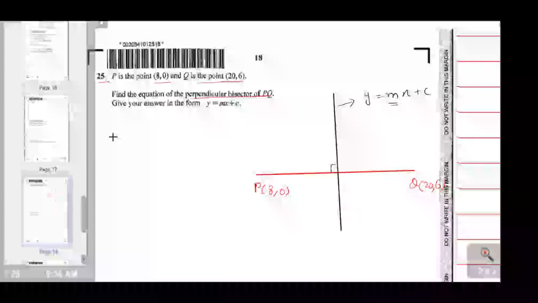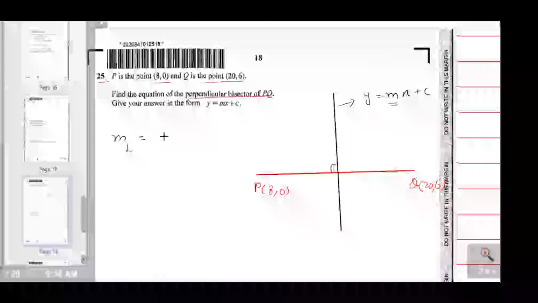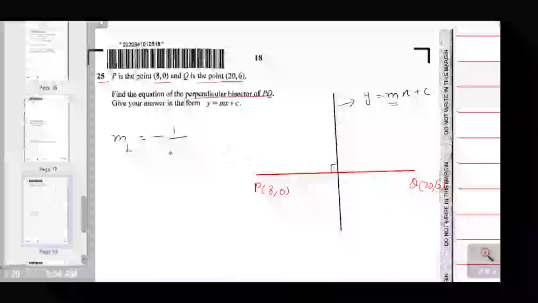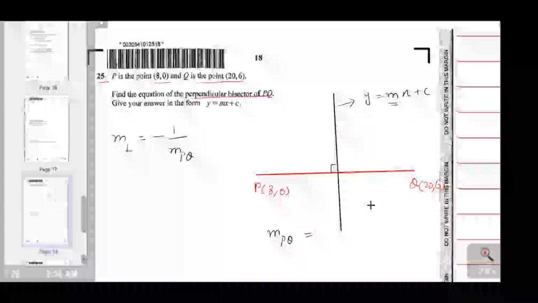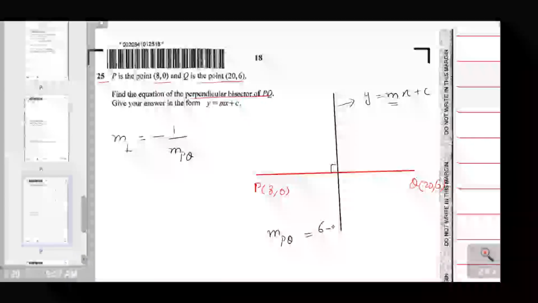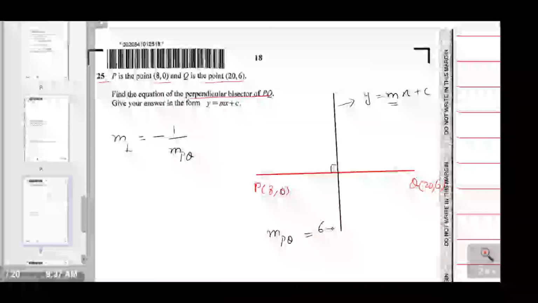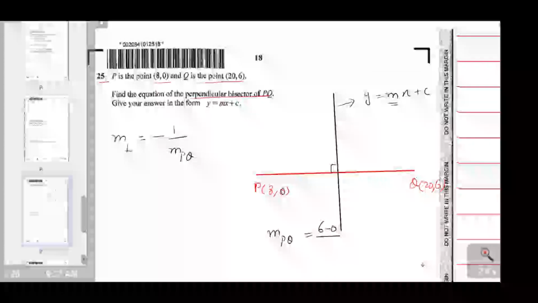Firstly, we will calculate the gradient m of this perpendicular bisector, which is equal to the negative reciprocal of the gradient of the line PQ. And the gradient of line PQ will be equal to y2 minus y1, y2 is 6, y1 is 0, 6 minus 0, over x2 minus x1, 20 minus 8.